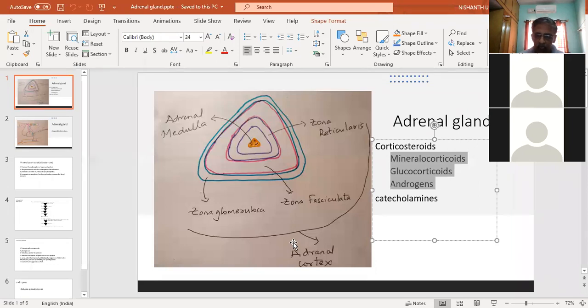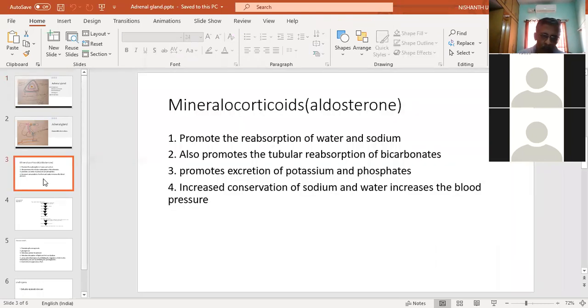But what you have to understand is that even though we say androgens are produced by the adrenal cortex, they are weak sex hormones. So it's not that they have no significance in our sexual characters; they are only concerned with the secondary sexual characters. Let us discuss one by one: mineralocorticoids, glucocorticoids, and androgens. First, let us concentrate on mineralocorticoids. Come to the third slide.